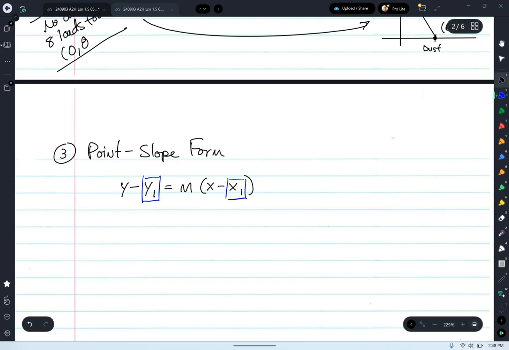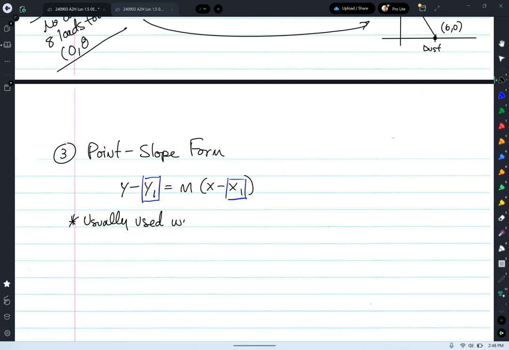Let's make a note here. This is usually used again with a stated or easy to find slope or common difference.